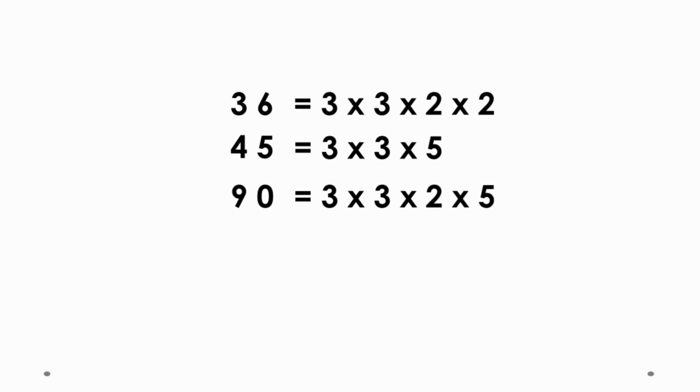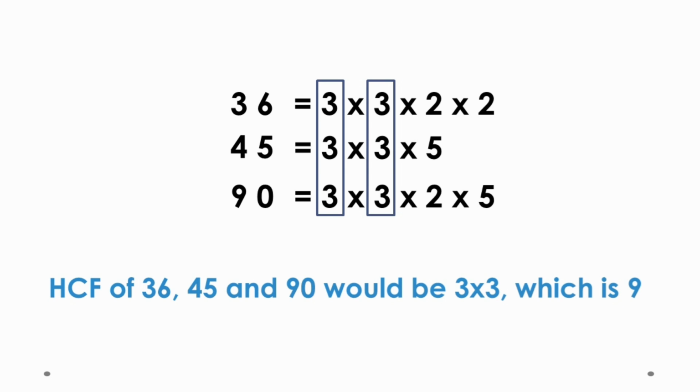And 90 is equal to 3 into 3 into 2 into 5. A close observation of the prime factors of 36, 45 and 90 tells us that 3 is the common factor here, but it appears twice. Therefore, the highest common factor of 36, 45 and 90 would be 3 into 3, which is 9.